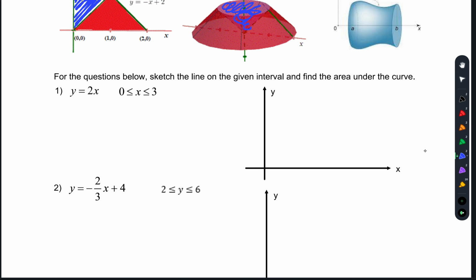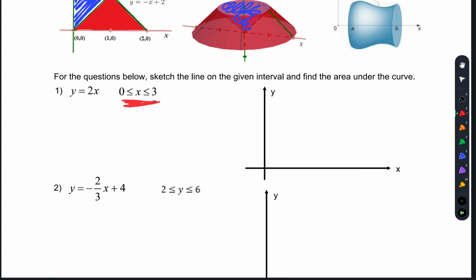So we are given two things to start these problems. We are given the equation of the line, and we're given some boundaries. Now, these boundaries might be restricting the x's or they might be restricting the y's. In this first problem, we have restrictions on the x's.